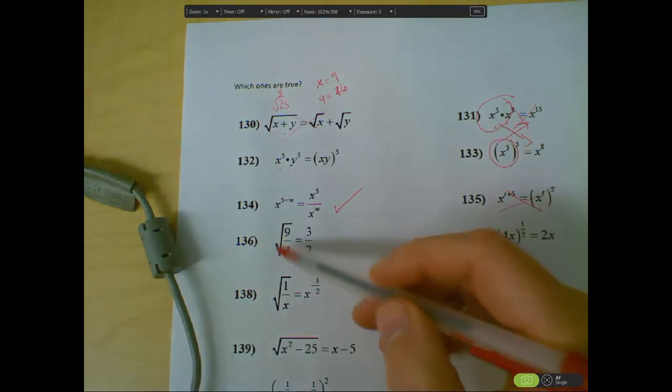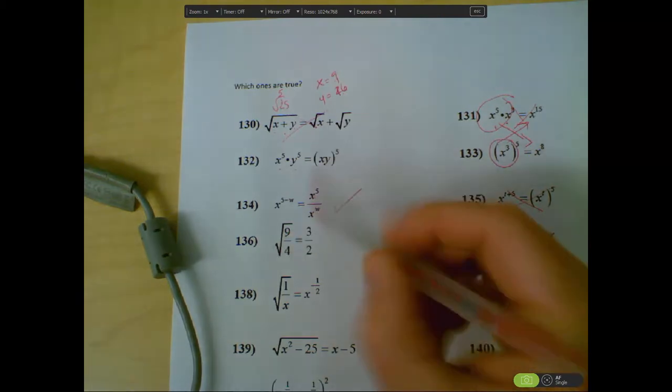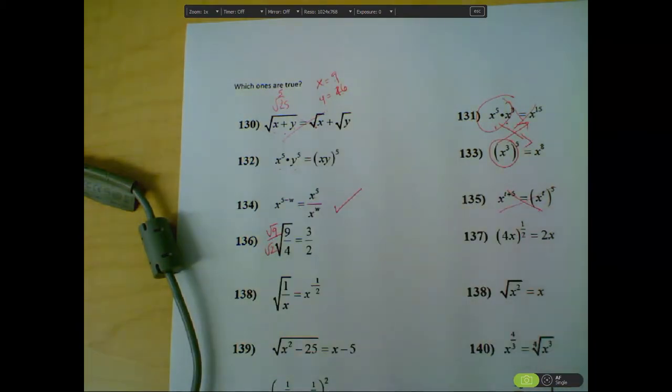This is absolutely true. The square root of a quotient is the quotient of the square roots. So if I just rewrote this as the square root of 9 over the square root of 4, you would still get 3 over 2. This is the same as 4 to the 1/2 x to the 1/2. So 4 to the 1/2 is 2, but x to the 1/2 is not x, it's root x, so not true.